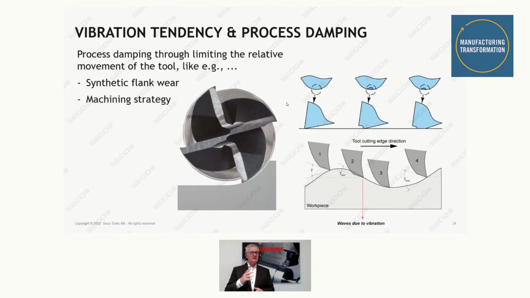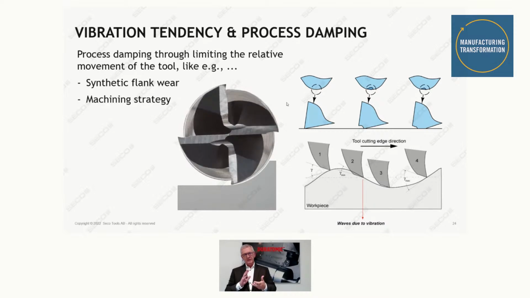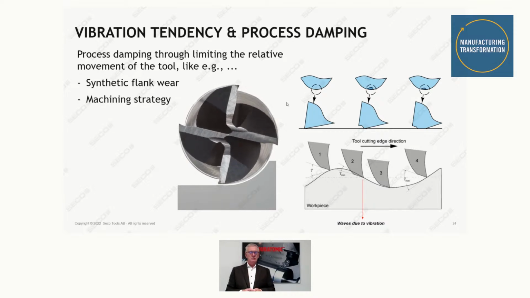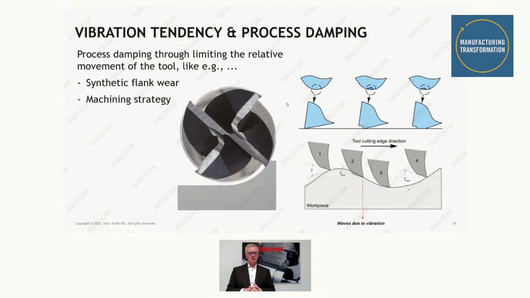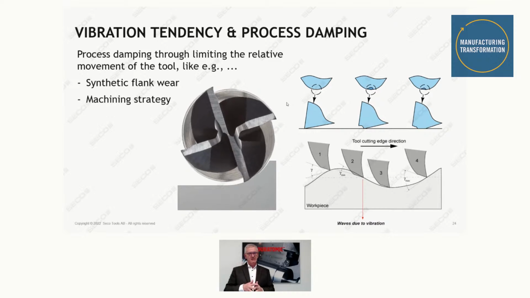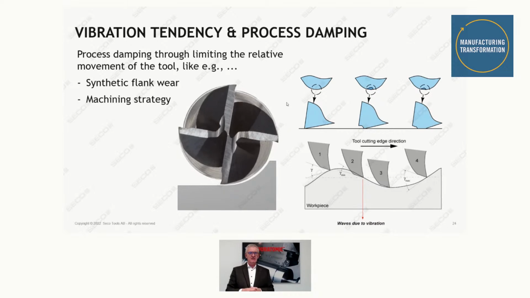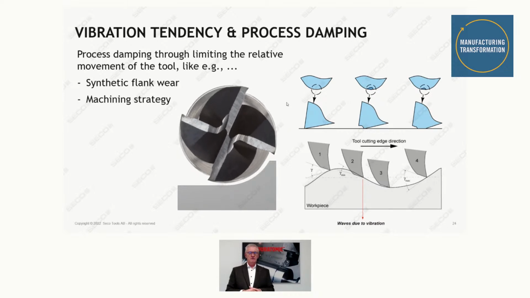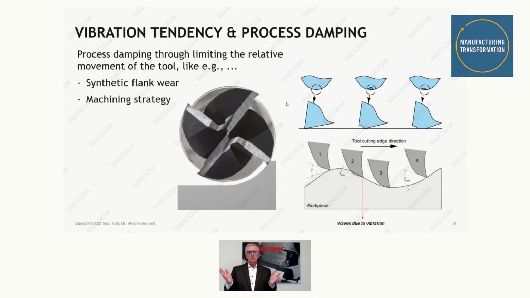This principle, in a somewhat modified way, is what we use when we talk about solid carbide milling cutters with a double clearance, a primary clearance and a secondary clearance. The primary clearance is basically the synthetic flank wear principle we apply. It's no more or no less.